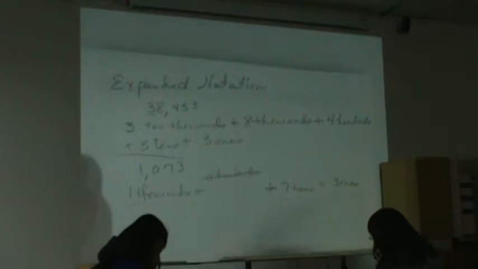So on the expanded ones, if it had a 0 in it, let's say you have the number 1073, there are 2 ways you can write that. You can say 1,000s plus 0 hundreds plus 7 tens plus 3 ones, or you could just leave that out and just write that part.